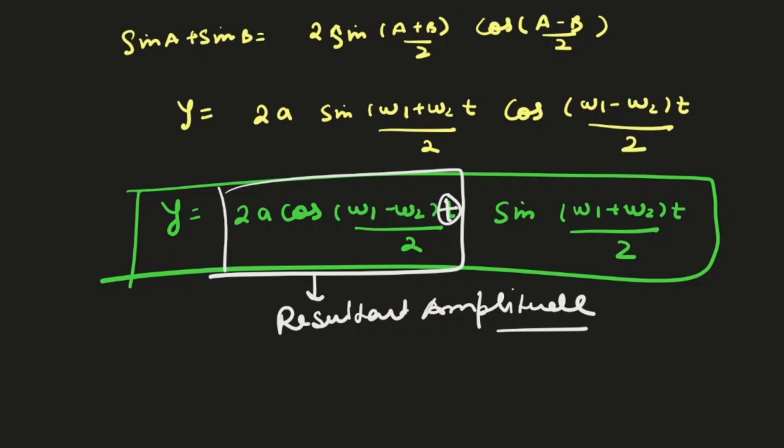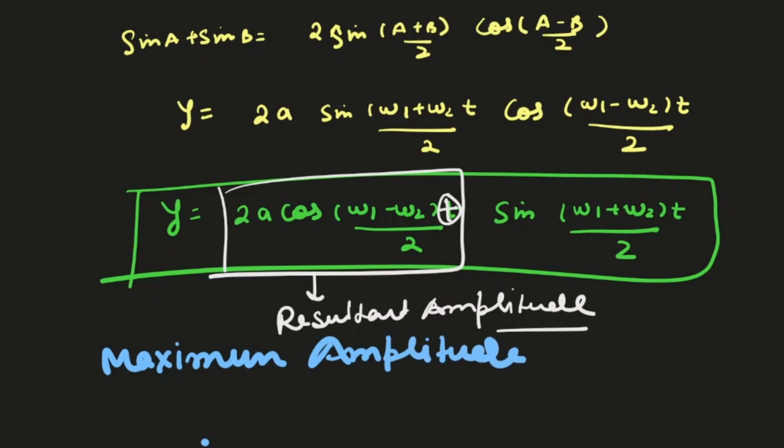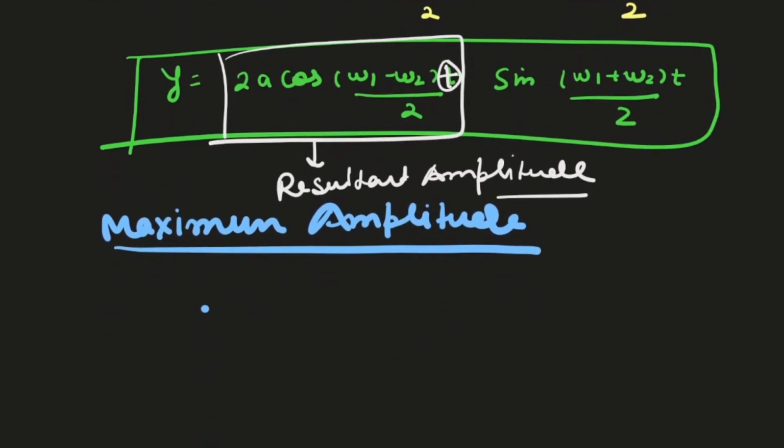The first thing is the maximum amplitude. How can we get the maximum amplitude? We get it when cos (omega 1 minus omega 2) t by 2 has the value 1. That is the maximum.